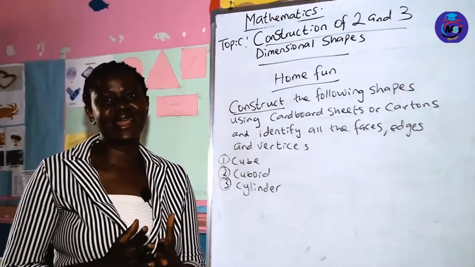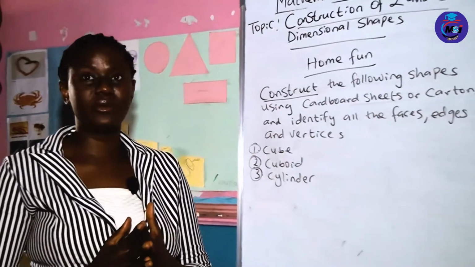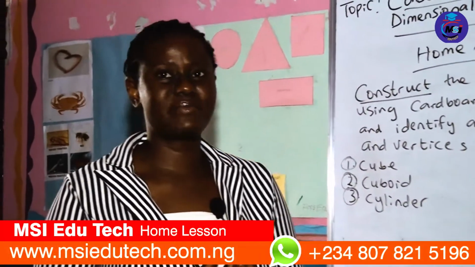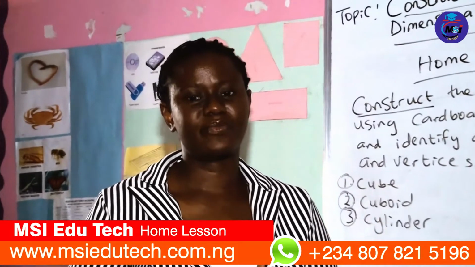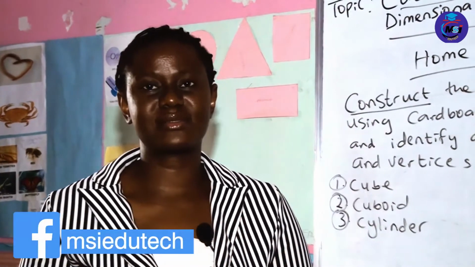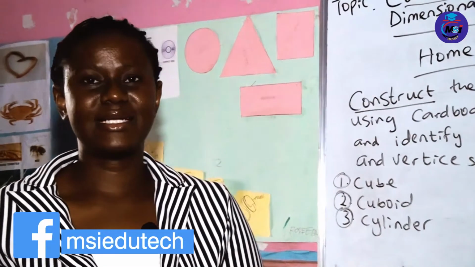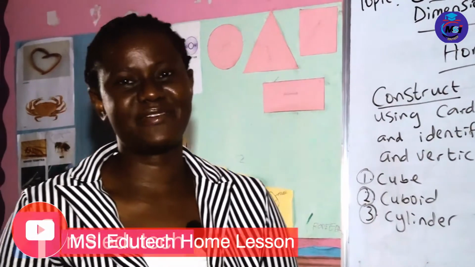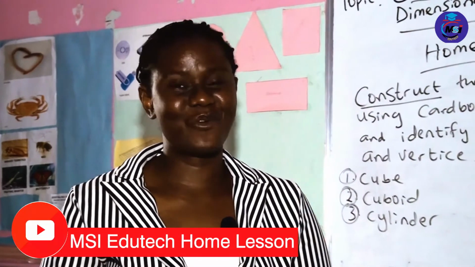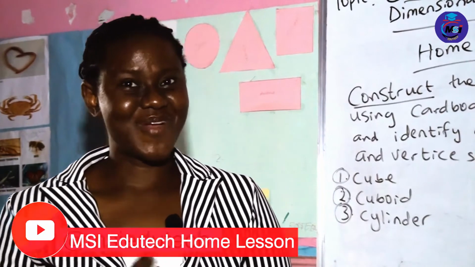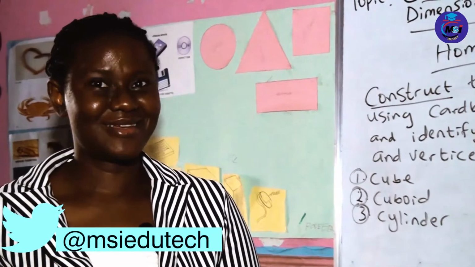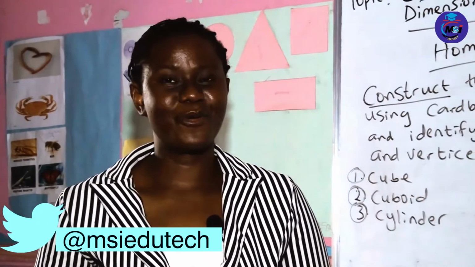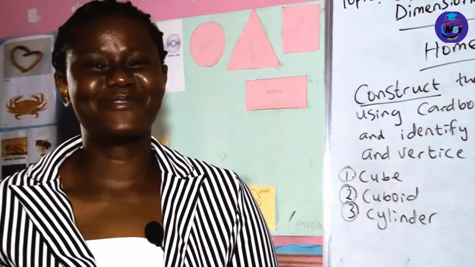This brings us to the end of the 6th lesson in Module 3 of our Mathematics Online Home Lesson. I'm glad you are part of this lesson, and we just have one topic left for this module to be over. Remember, you have an examination to write at the comfort of your home at the end of this module.